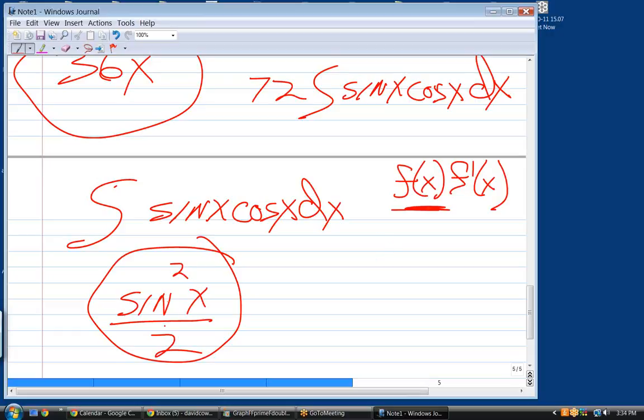Notice why. Take the derivative of this. It would be... Start with the power rule. Yes, 2 sine of x over 2, so it would just be sine of x. Multiplied by the derivative of the inside. You have to use the chain rule also. And the inside in this case is sine x.